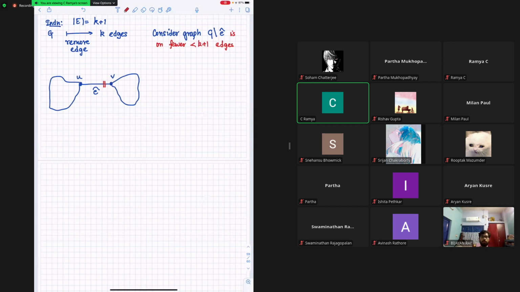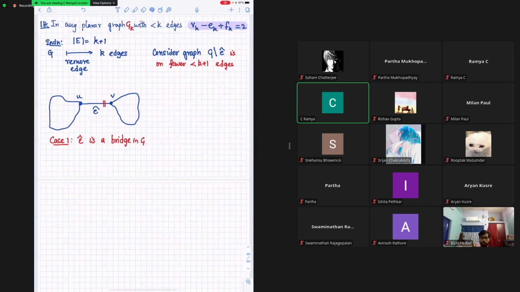And how many connected components can be there in this graph? So one thing you must remember, it's not necessary that this is the structure, right? So let's write this down. In case 1, this E tilde is a bridge in G. That's the first case. Is everybody clear with this? Otherwise, we can just redo the whole thing.